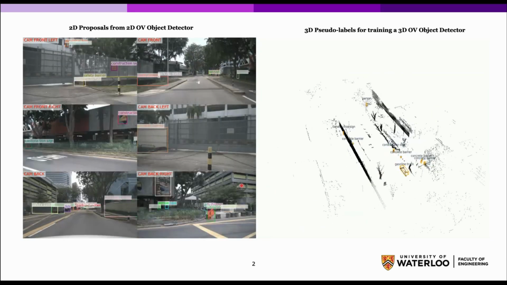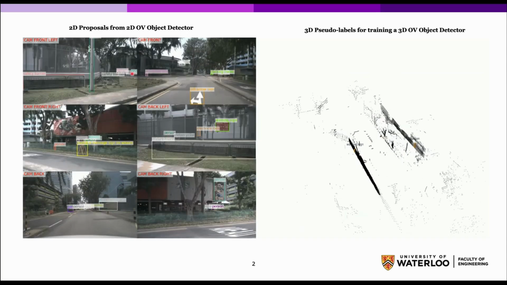What you're seeing is that I have asked the open vocabulary object detector to find different objects outside of just the regular three classes, and we try to label them.